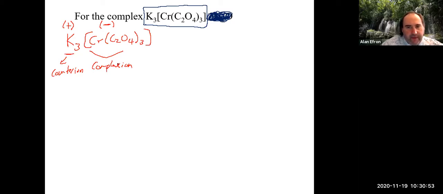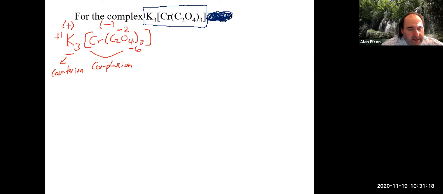So we'll start with the complex ion part. We want to figure out the oxidation number of our chromium. When we look at C2O4, that is -2 because that's oxalate. That means there is a -6 overall with the oxalate part.